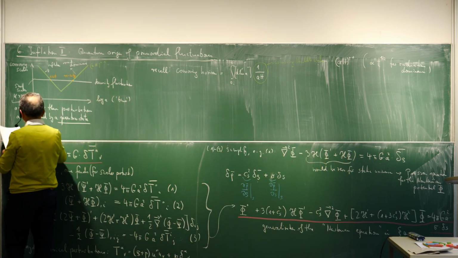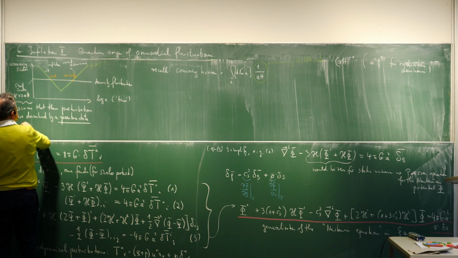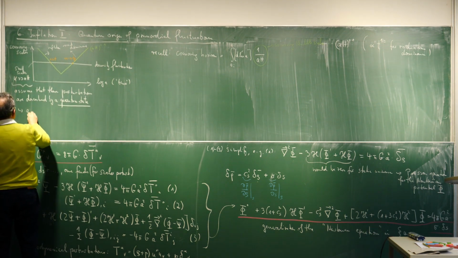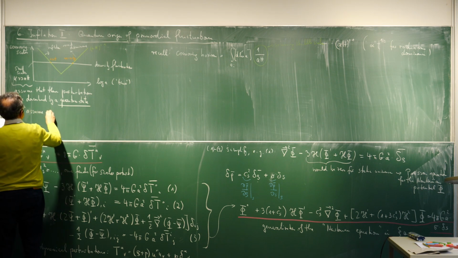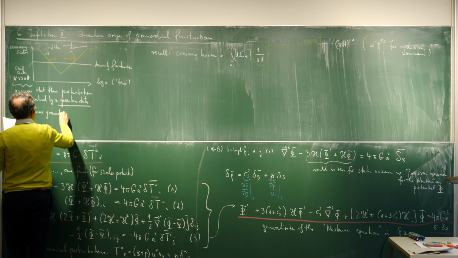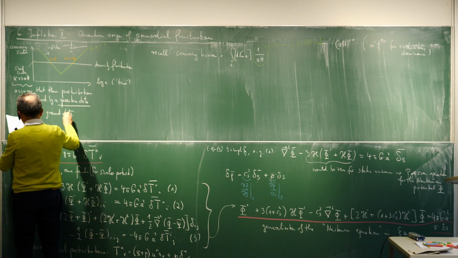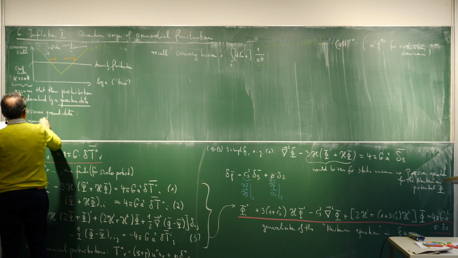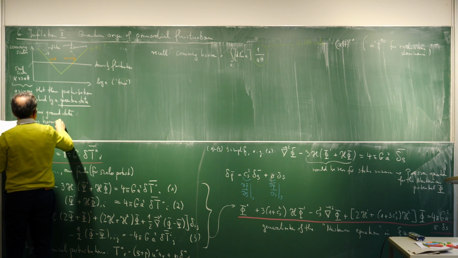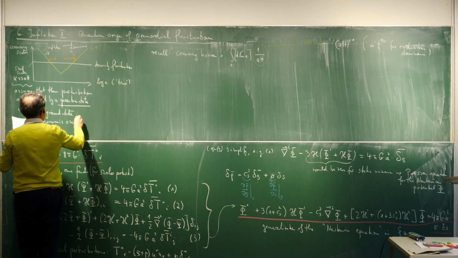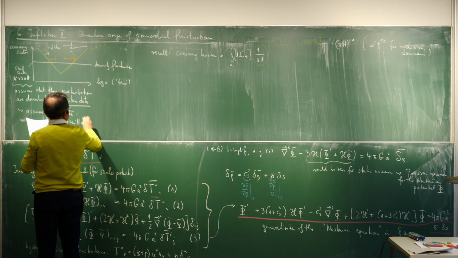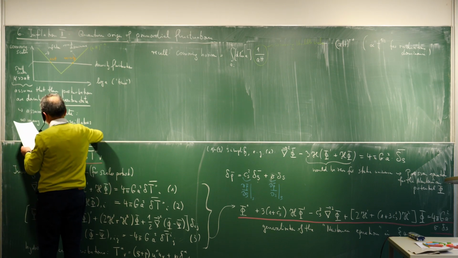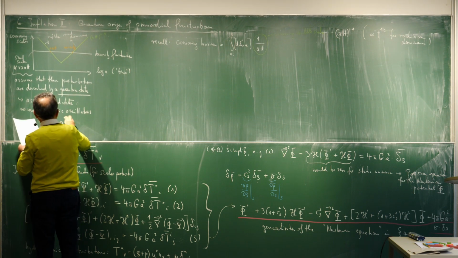So we have here the ground state, which is infinitely many harmonic oscillators. We describe them as usual by annihilation and creation operators.